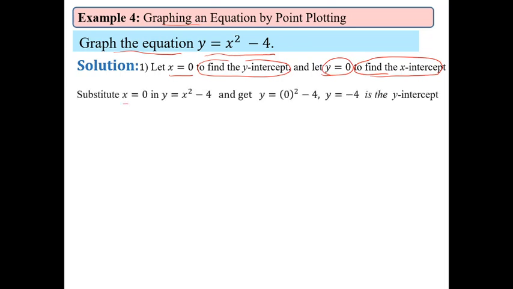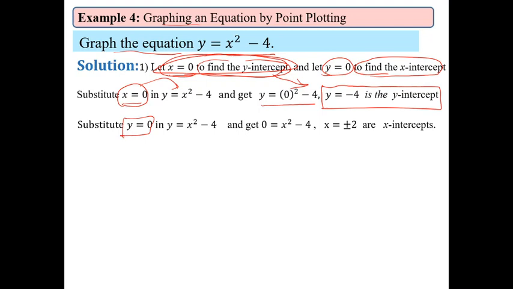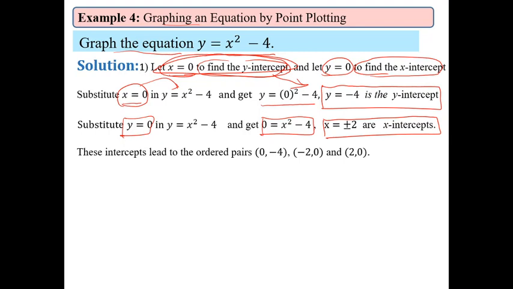For x equal to 0, you substitute x equal to 0 in here, and you get y equal to 0 squared minus 4. So y equal to minus 4 is the y-intercept. Then you do the same thing for y: you put y equal to 0 and find the solutions for x. You get two values for x, so the x-intercepts are plus 2 and minus 2.